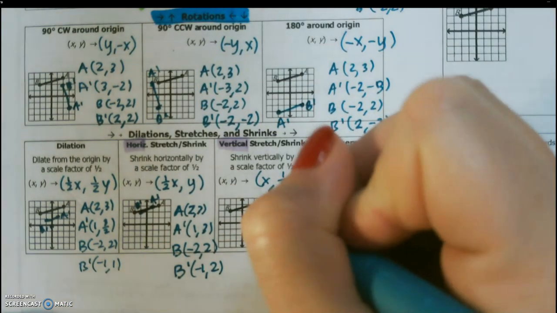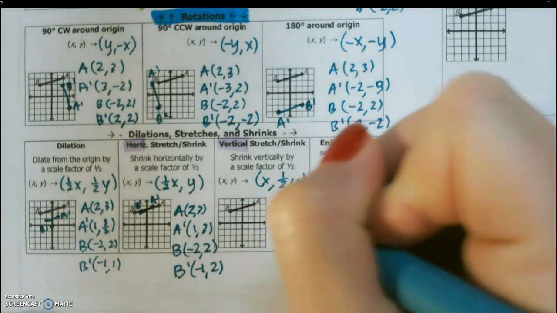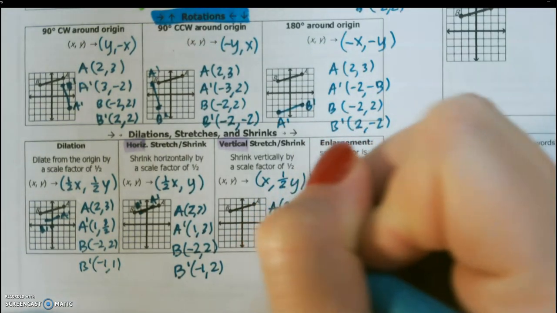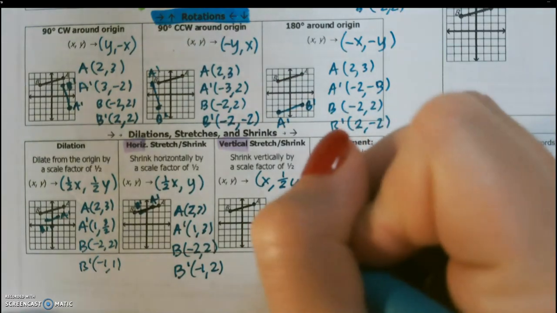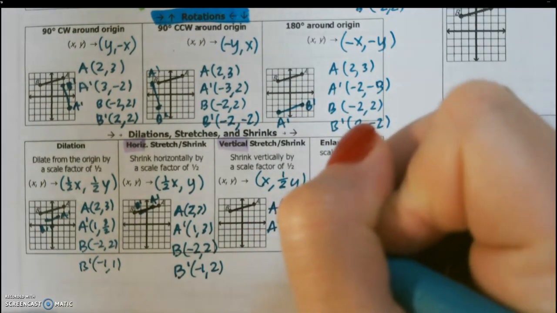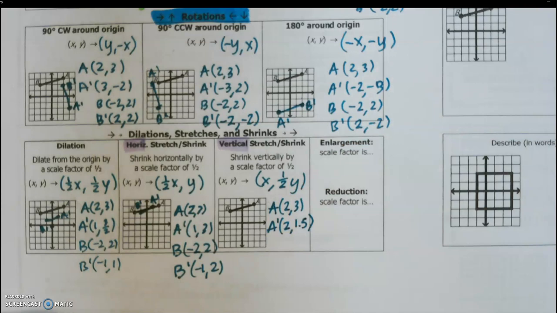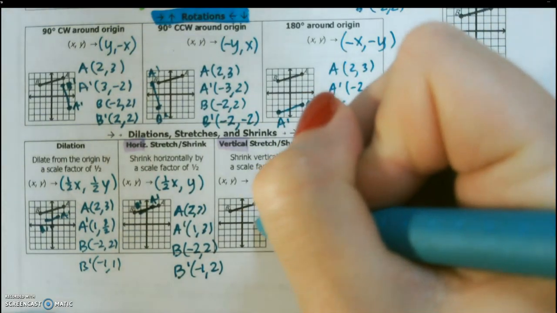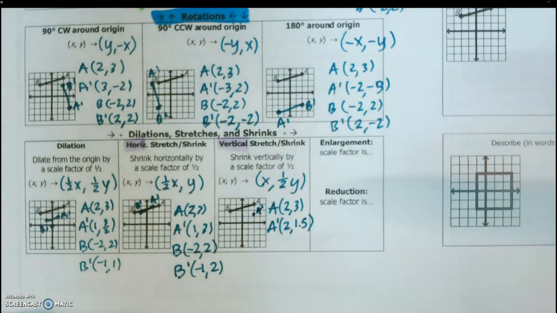On this one, if we're originally at 2, 3, and we multiply just your y by 1/2, it's going to be 2, 3/2 or 1.5, whether you want to represent it as a decimal or fraction. So over 2, up 1.5.